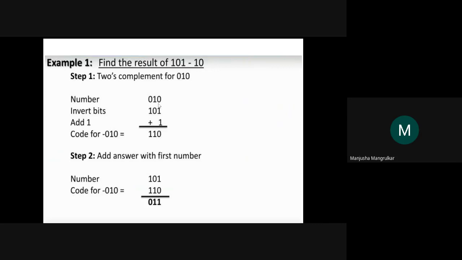That carry plus 0 is 1, and 1 will be represented. So the 2's complement code for minus 010 is 110, right? This is what minus 010 is converted into, and this is added with this. So 101, this is your first number, is added with 110. So what is the result?